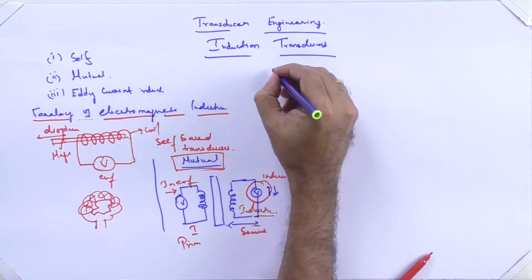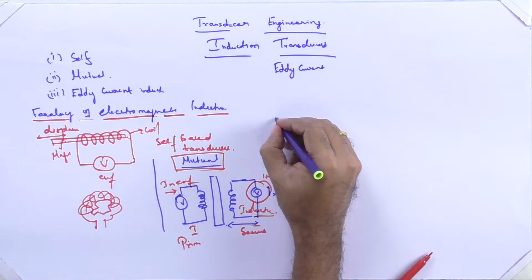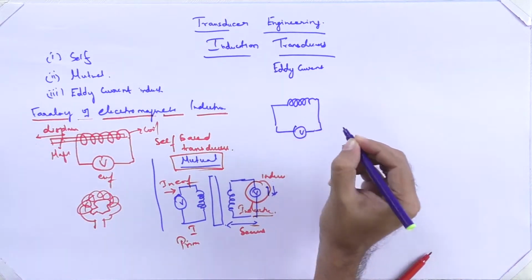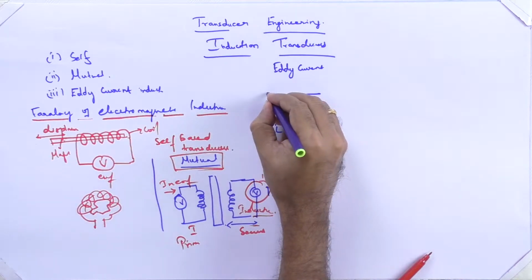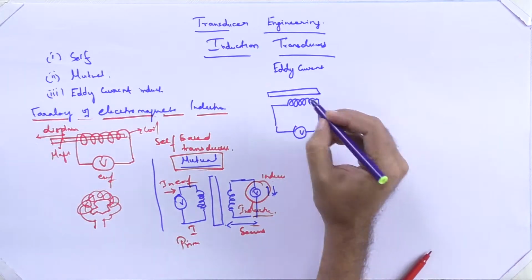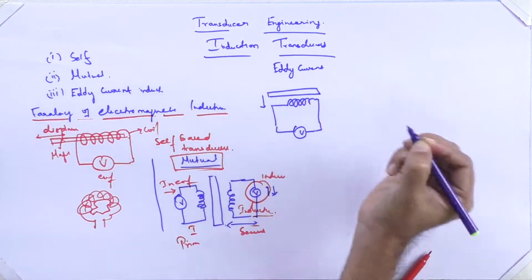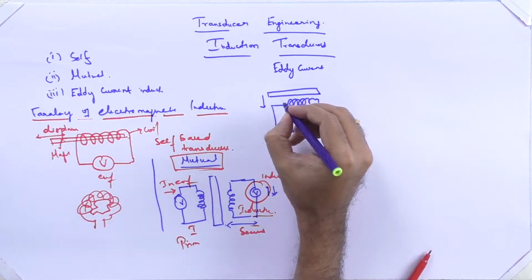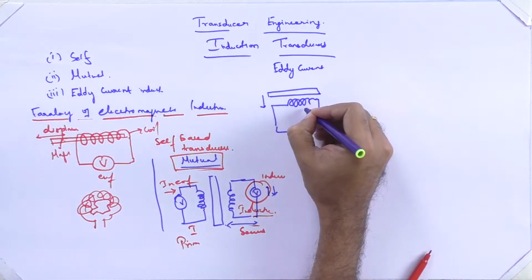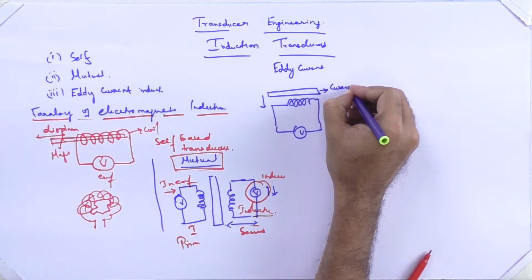The third one comes with the eddy current. Here it's a different case. You have a current carrying coil, or a voltage, and a conductor, a metal piece, comes near this coil. There occurs an opposition to the voltage that is present here, and a current is generated in the conductor.